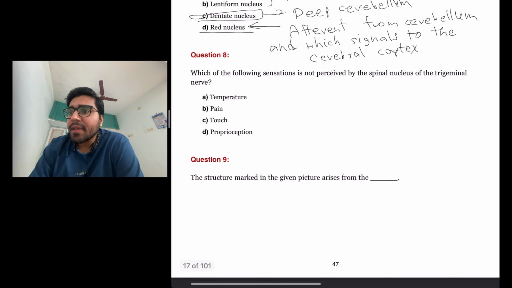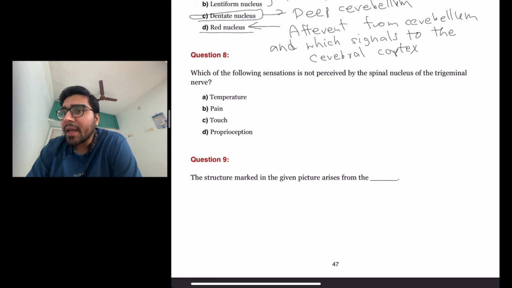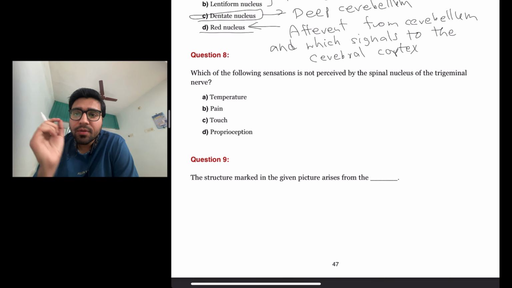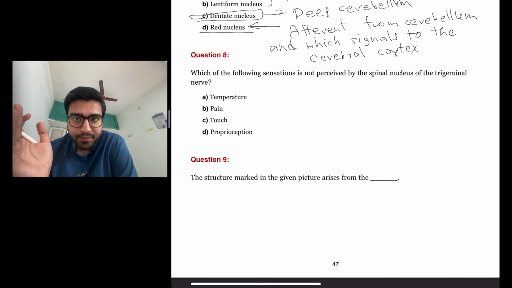Which of the following sensations is not perceived by the spinal nucleus of the trigeminal nerve? For answering this kind of question about the nucleus of any cranial nerve, you must know the function of each and every nucleus of that particular nerve.